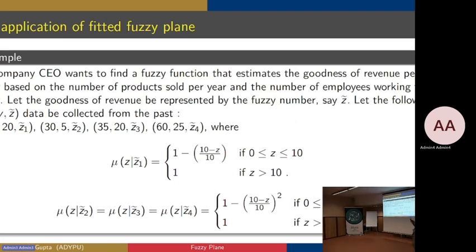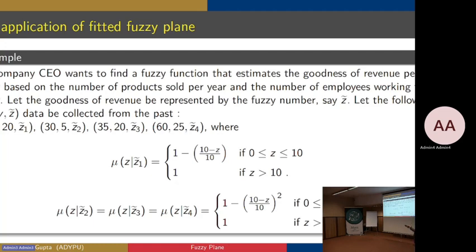Now where can this proposed fuzzy plane be applied? Suppose a company CEO wants to find a fuzzy function that estimates the goodness of the revenue per year based on the number of products sold per year and the number of employees working that year. Let the goodness of revenue be represented by a fuzzy number, and from the past data we have collected this data.